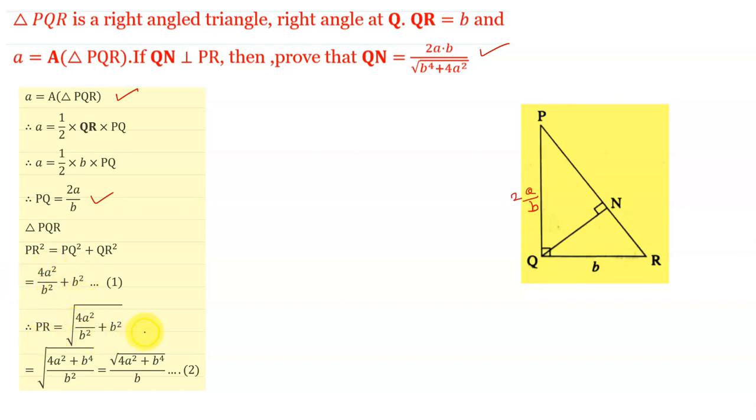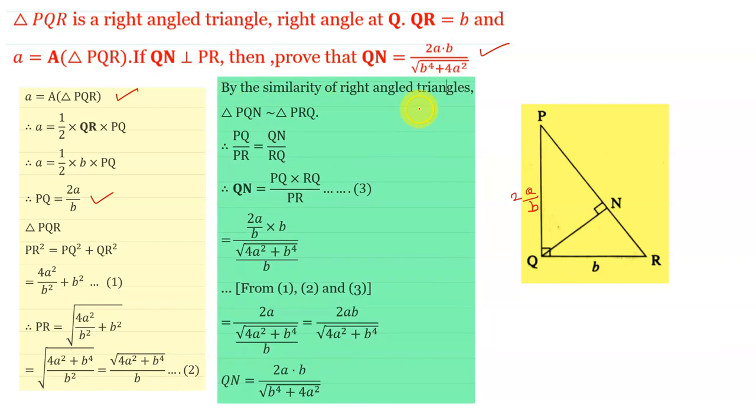Taking the square root on both sides, PR square is equal to 4A square plus B raised to 4 upon B square. Taking the square root, PR is equal to root of 4A square plus B raised to 4 upon B. Simplifying this, the square root of B square is B. Now the next.